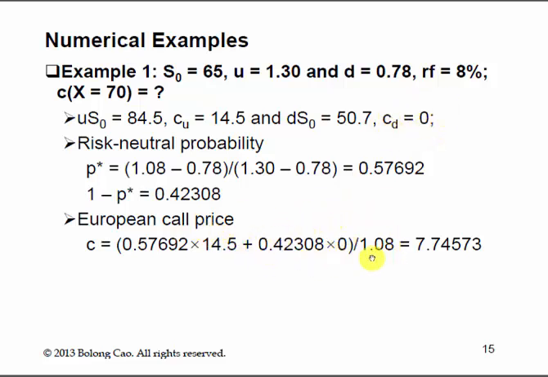And then don't forget the risk-free rate discounting. These are future payoffs, so we need to discount those. And then we have a call premium of $7.75 almost, 7.74573. Basically $7.75.